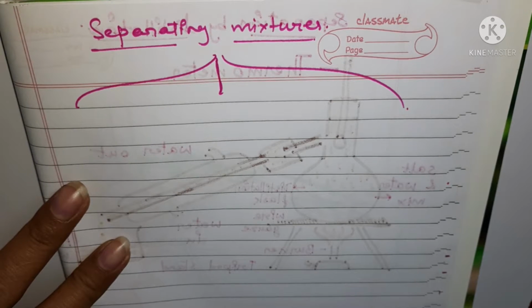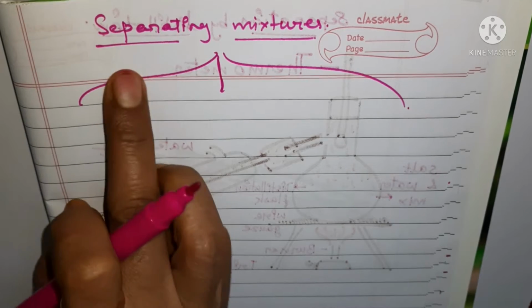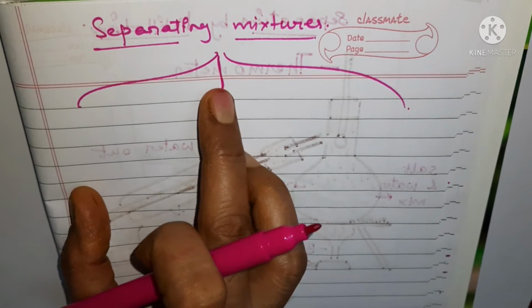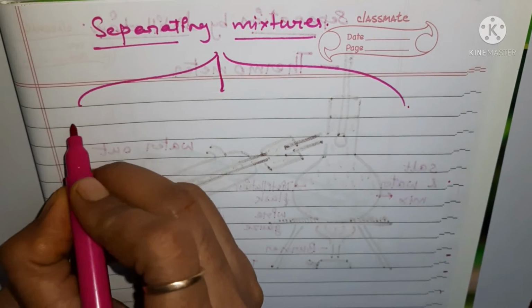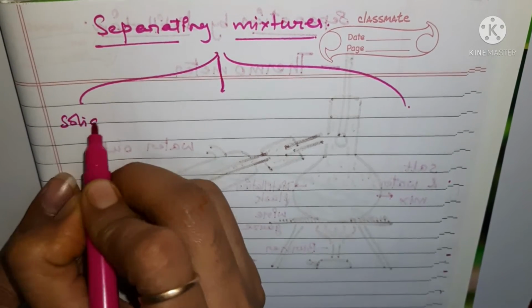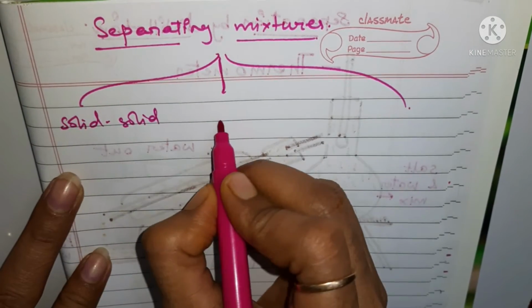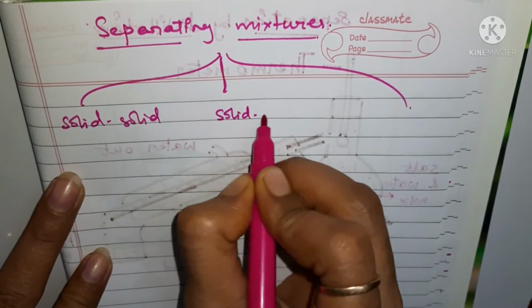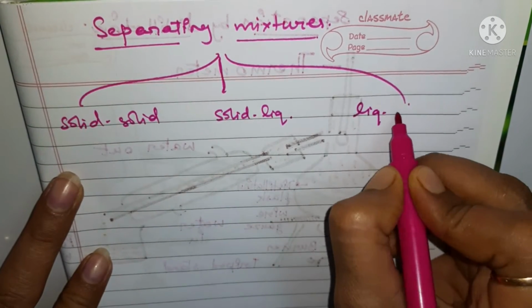See, we are going through the methods of separation of a mixture, and this separating mixtures was divided into three categories, out of which the first category was a solid and solid mixture, right? And second was solid and liquid mixture, and third is liquid and liquid mixtures.